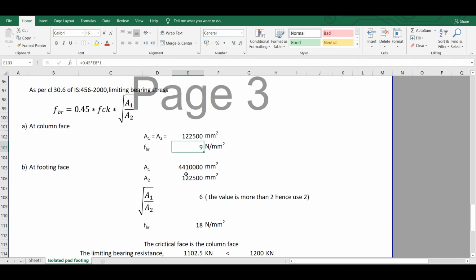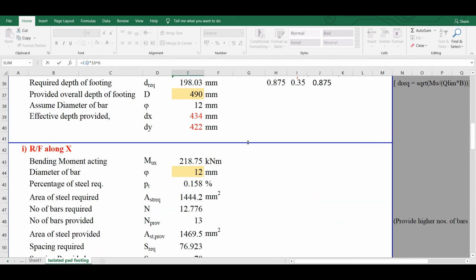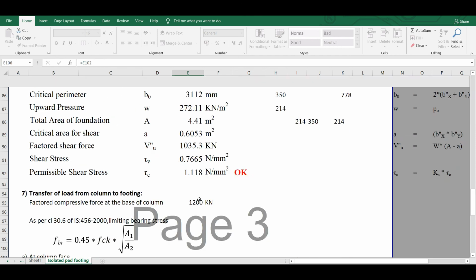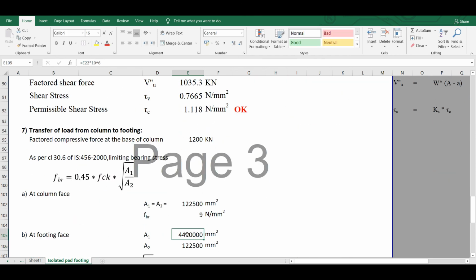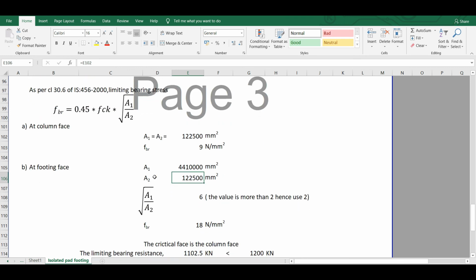Similarly, at the footing face, A1 will be equal to the area of the footing. The area of the footing is 4.41 meter square, multiplied by 10 to the power 6 to convert it into mm square. So A1 is the area of footing and A2 is the area of the column. The square root of A1 by A2 will be equal to 6, but this value should not exceed 2.